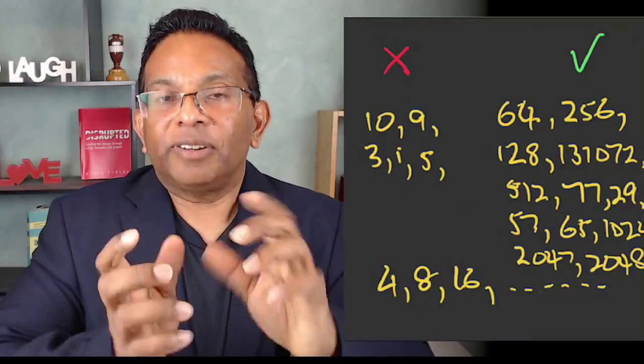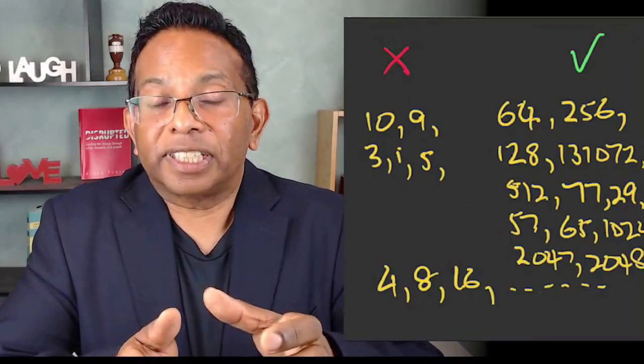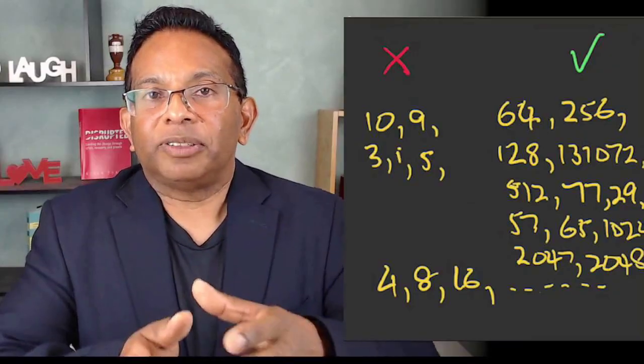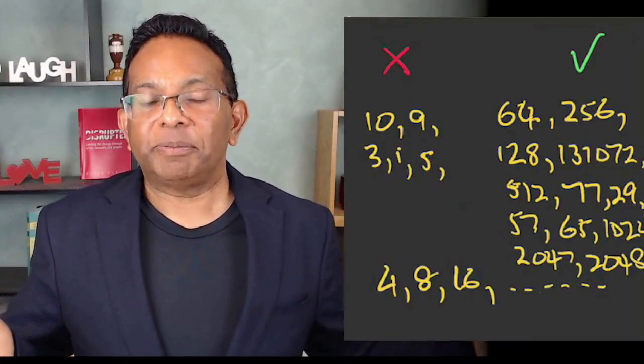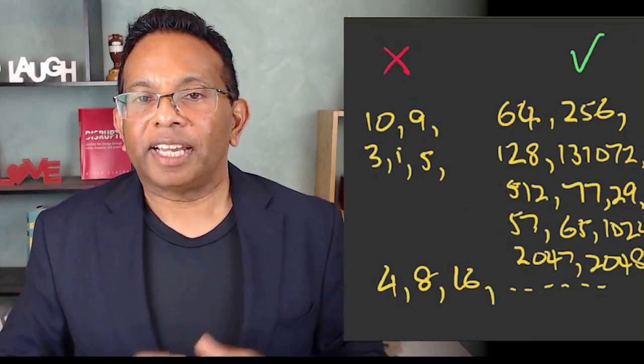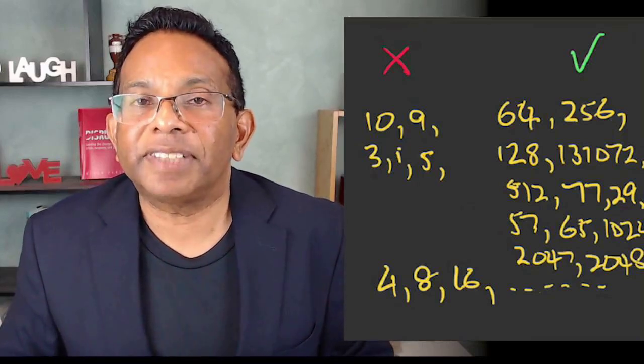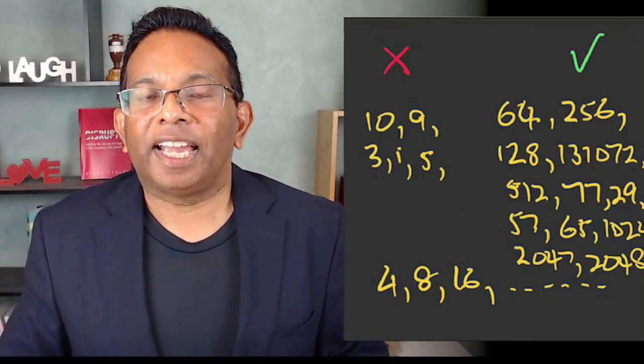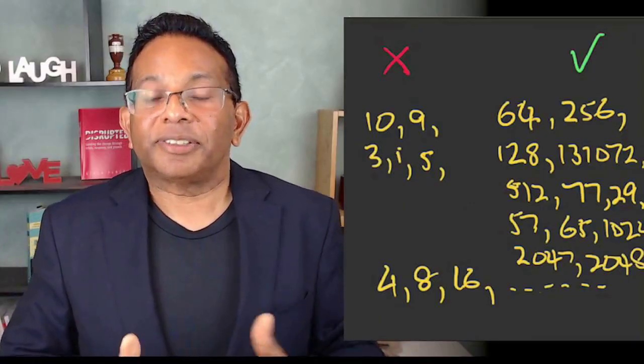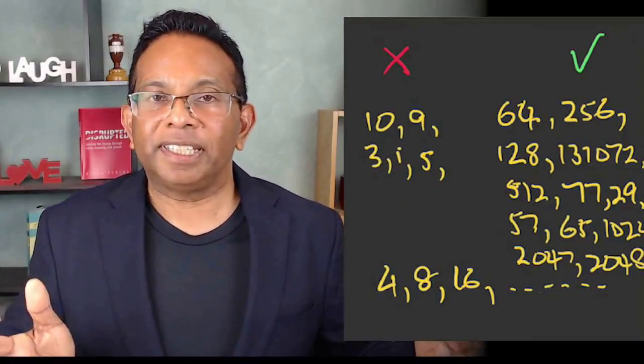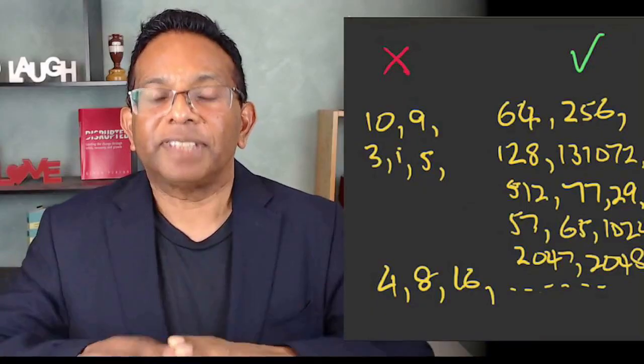Looking at numbers that are wrong is a useful thing, because that will help you eliminate. If somebody had said 77 very early on, and I said, oh, that's in the sequence, then you go, that whole doubling thing, might as well forget about it, because that's definitely wrong.